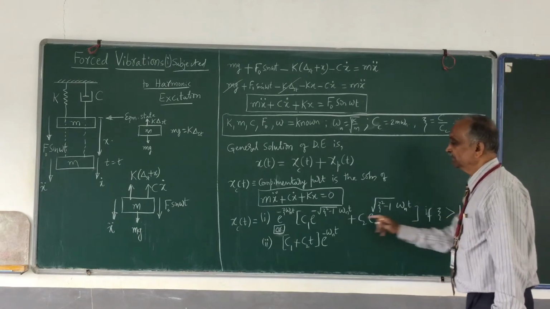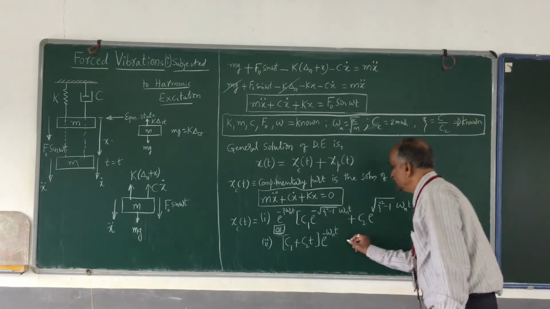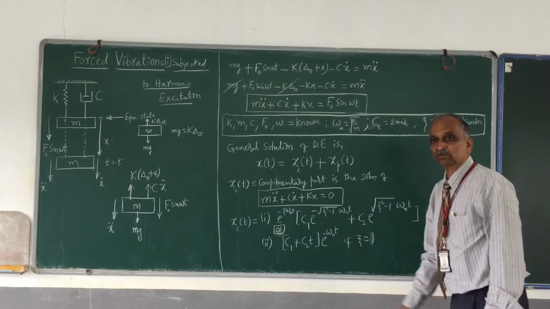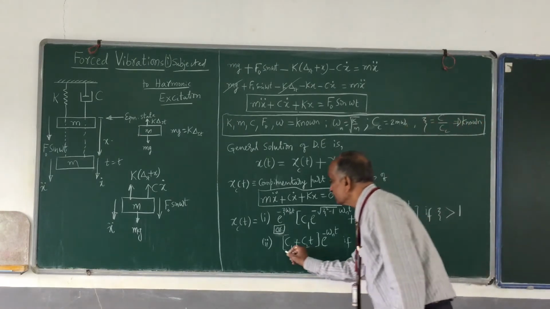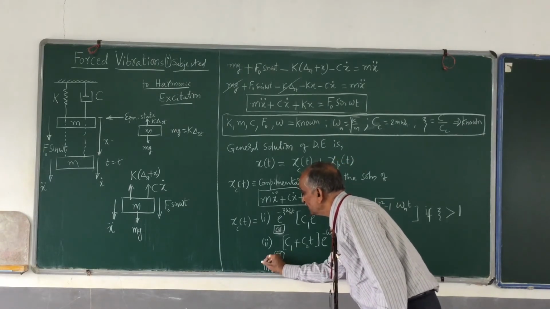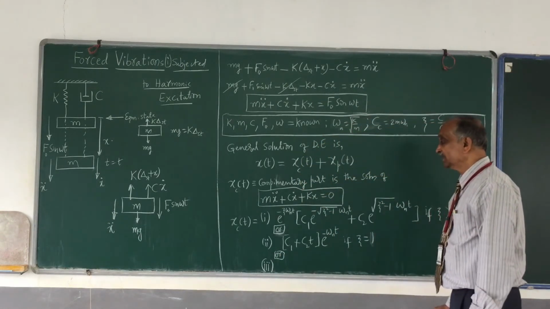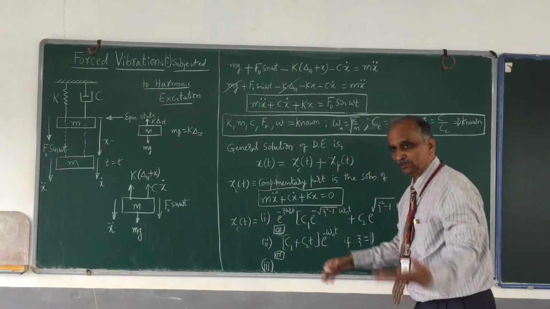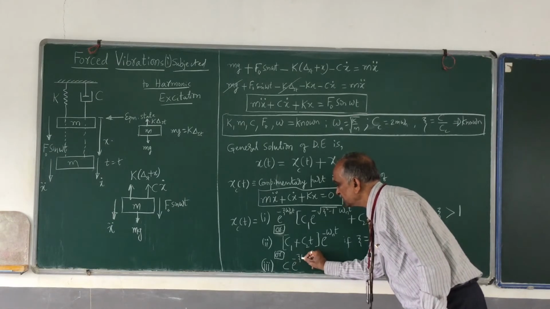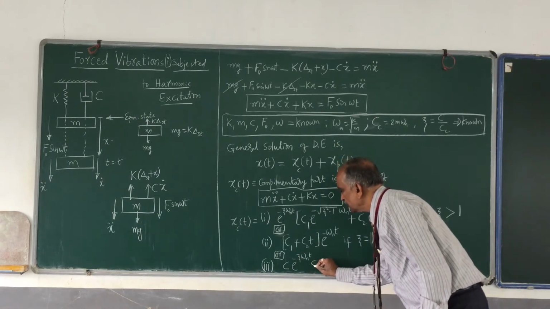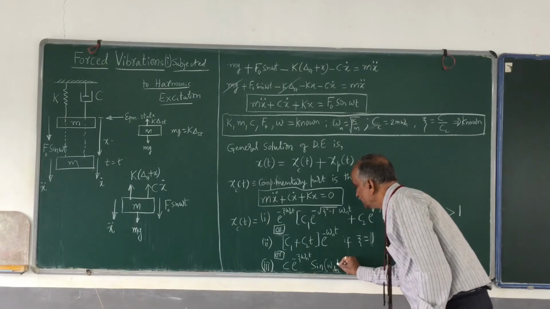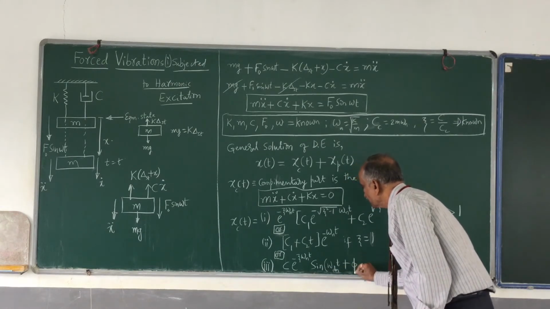If zeta is greater than 1, the first is applicable; if zeta is equal to 1, the second. Or the third possibility, if zeta is less than 1: one of the forms I am writing is C e raised to minus zeta omega n t into sine of omega d n t plus phi. This is what I have.